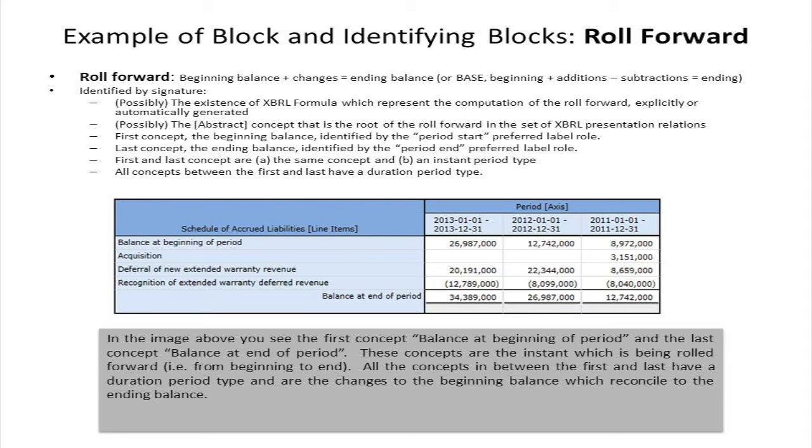All the concepts between the first and last concept have a duration period type. So basically, as you can see in the graphic, you have a beginning balance, which is an instant, a set of changes, which are durations, and an ending balance, which is an instant, and the beginning balance plus all the changes equals the ending balance.